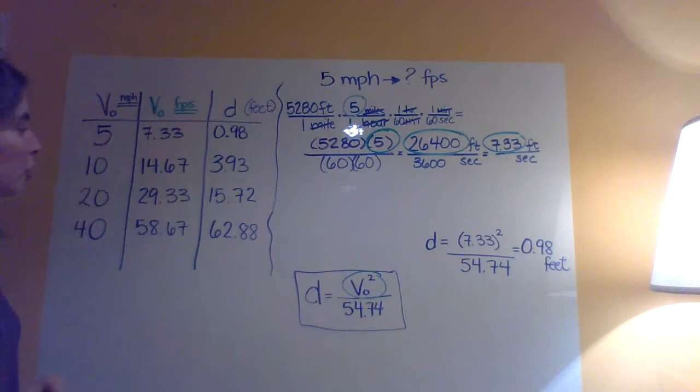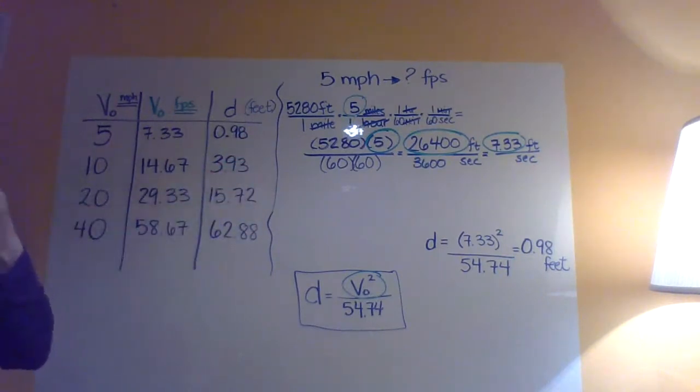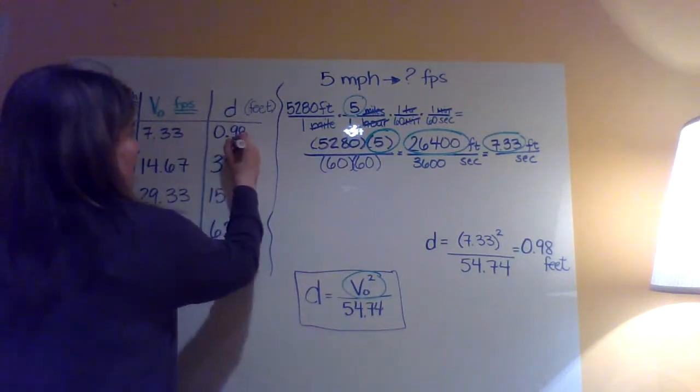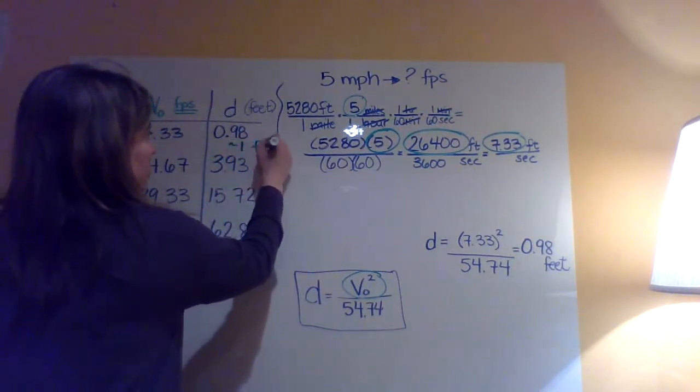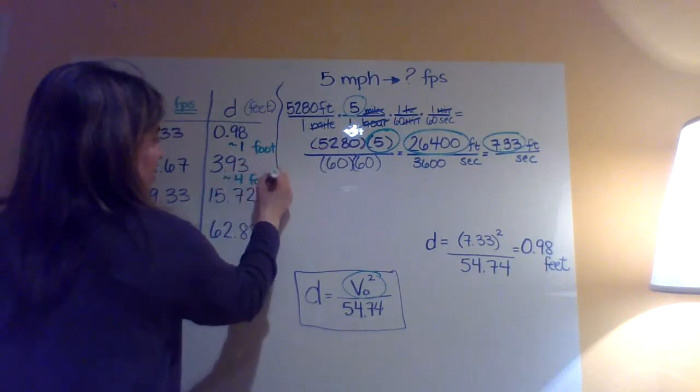Okay, so our question was, when I double my speed, how does that affect the braking distance? To make this a little bit simpler, let's round these braking distances. So this is about 1 foot. This is about 4 feet.